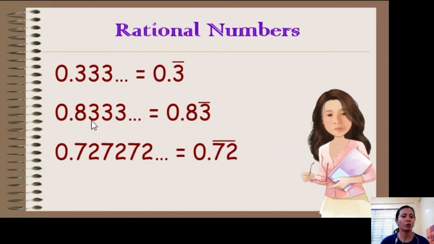Okay? So 0.833, same with the first example, 3 repeats. And this one, 0.7272, the bar must be over 7 and 2. It means 72 repeats forever. Ito may forever sa rational numbers, wherein it is a repeating decimal. May forever sa repeating decimals.